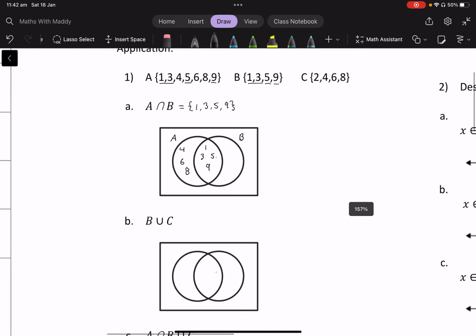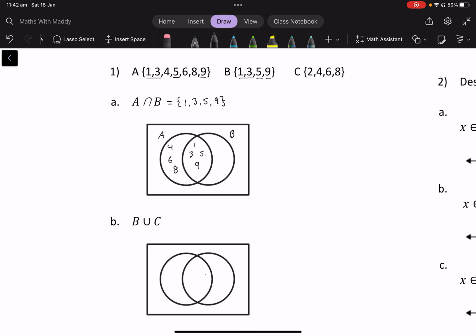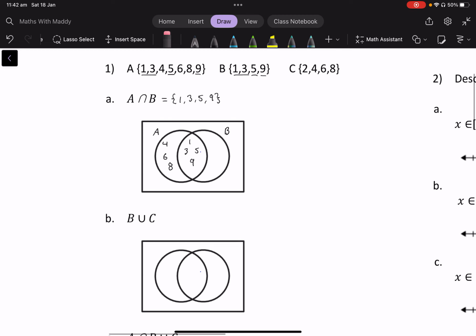Then, as we move on, we have B or C. If we assign the circle on the left to B and on the right C, it refers to all numbers within the sets B or C. So if we come back up to the top, we see the two sets B or C. First, the set B is 1, 3, 5, and 9.